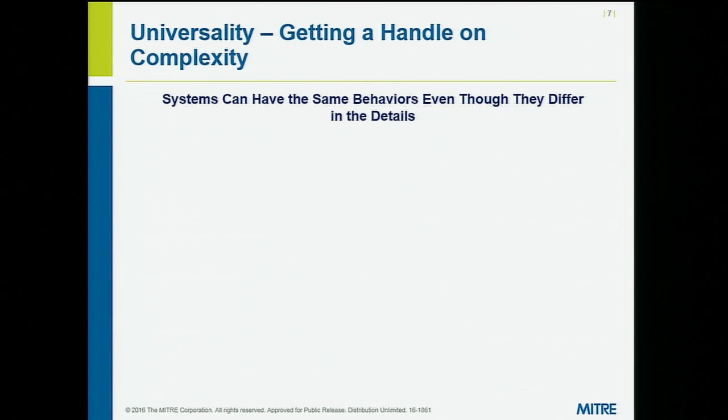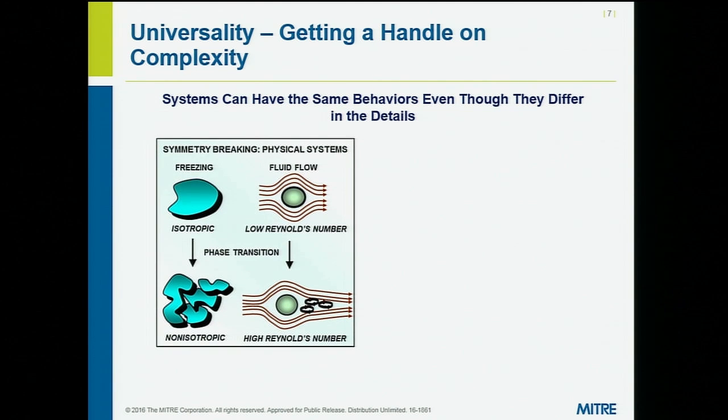It could be a change in state for a man-made system. When it undergoes a state change or a phase change, you can exploit that behavior, and all systems begin to look alike in the sense that when they undergo that special kind of phase transition, you can actually mine that behavior using data analytics and apply it to your problem. So a system can have the same behaviors even though they differ in the details.